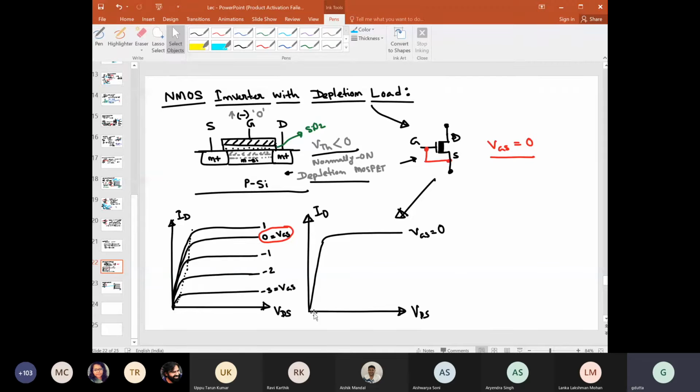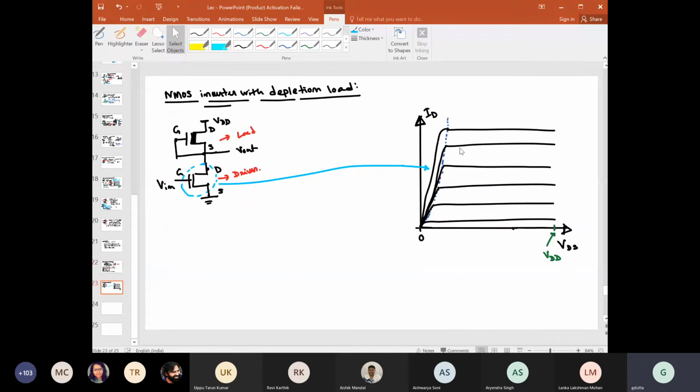But then how do you superimpose this with the characteristics of this? Any idea? How to do that?